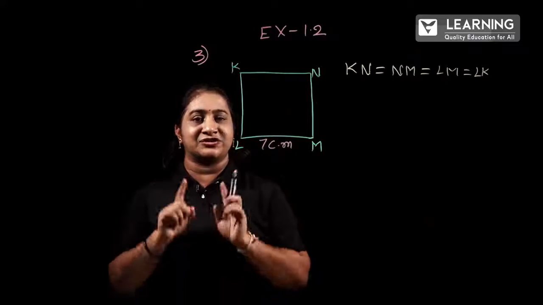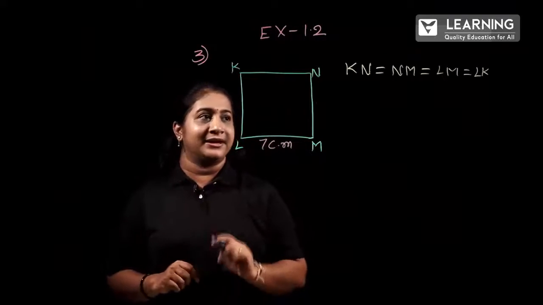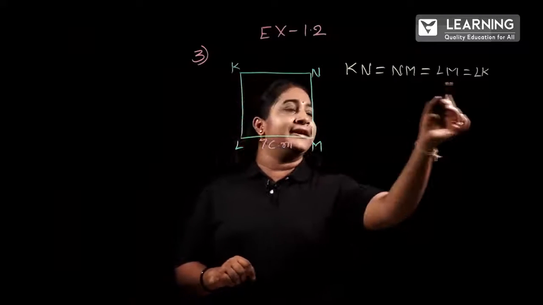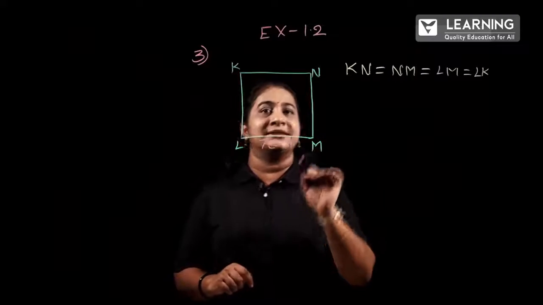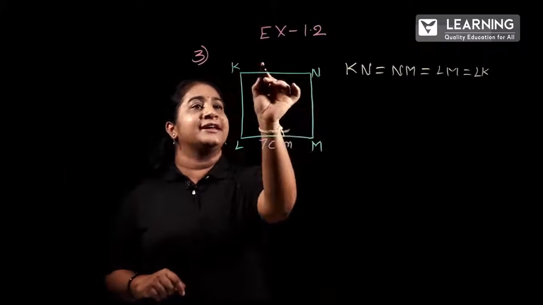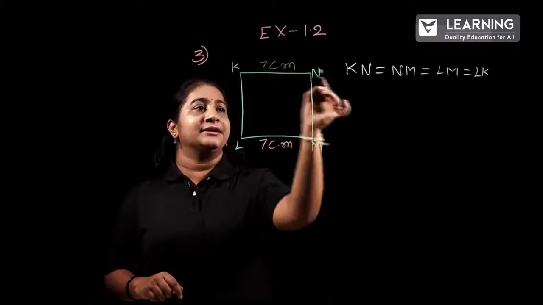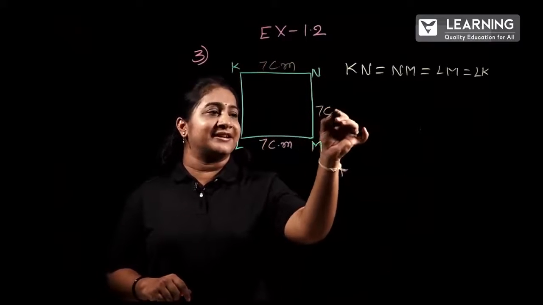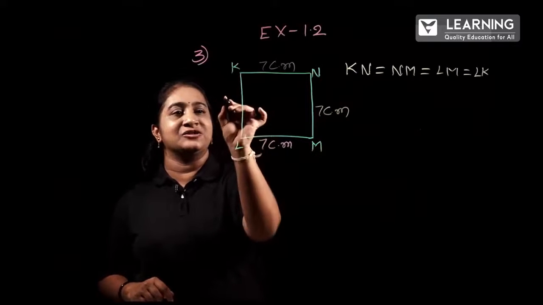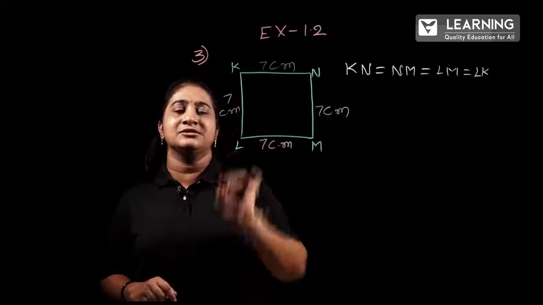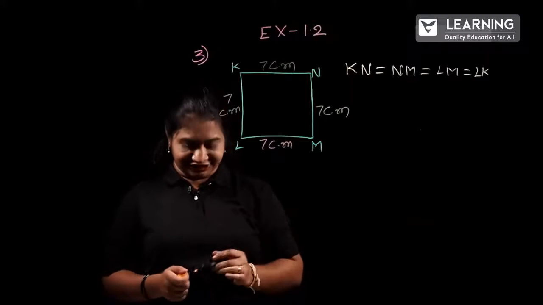All the sides of the square should be equal, right? So, the value of LM is 7 centimeter, then the value of KN is also 7 centimeter, NM is also 7 centimeter and LK is also 7 centimeter because they have given the condition.